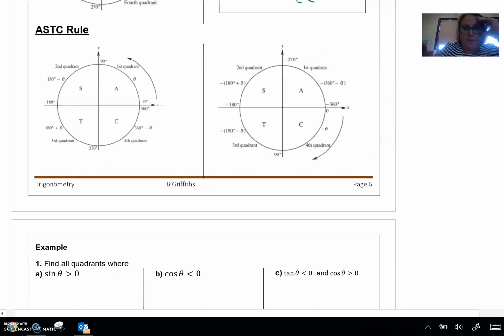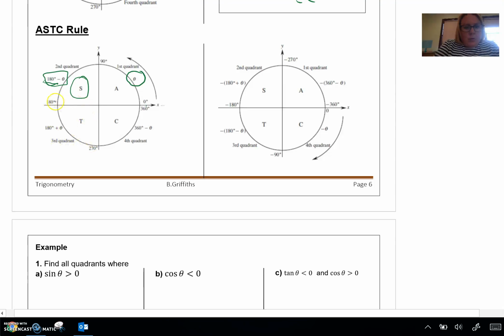In summary, this quadrant is the first quadrant, and it's called theta, and it's for angles 0 to 90. For angles between 0 and 90, all are positive. For any angle between 90 and 180, sine is positive. All the rest are negative. And we call that the second quadrant, and we express the angle as 180 minus theta.